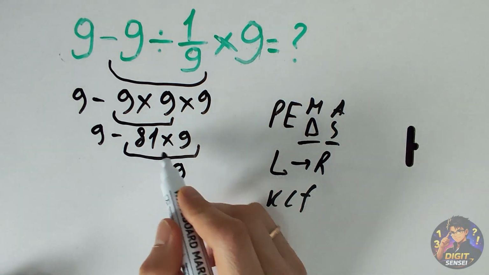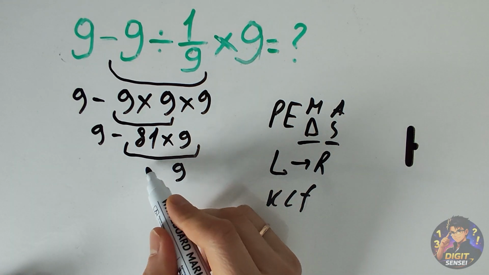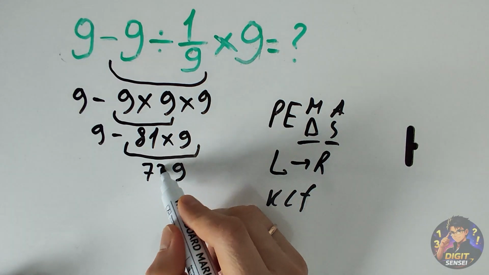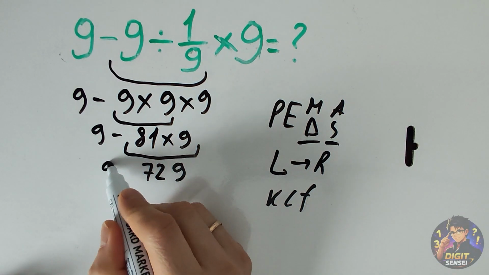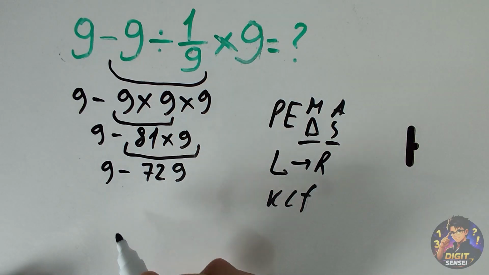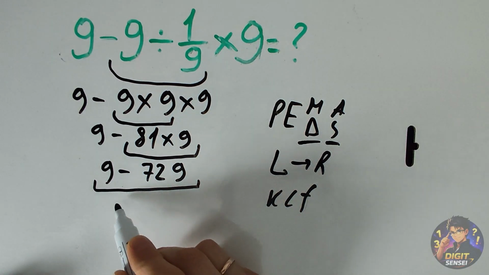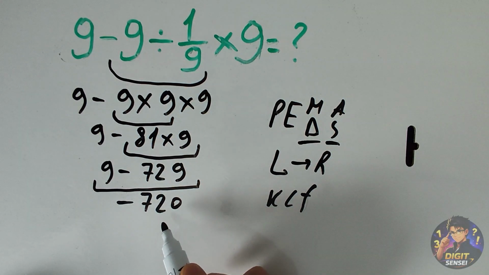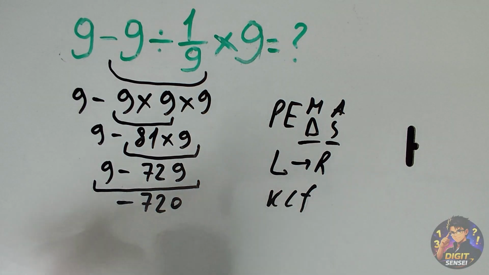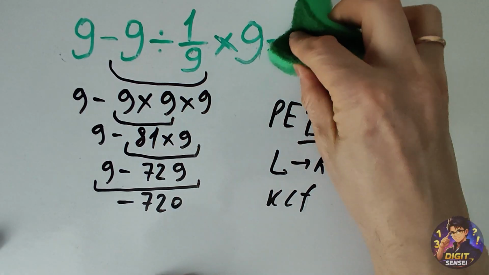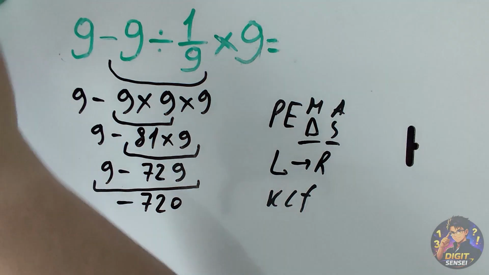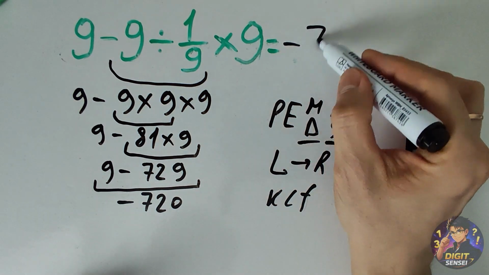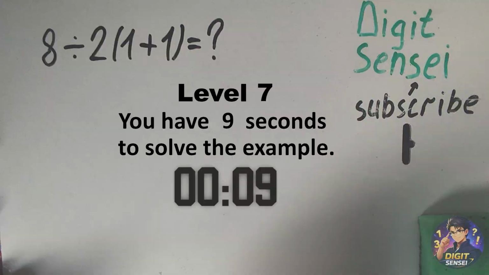And 9 times 8 equals 72. So 9 minus 729. And this is equal to negative 720. And this is our final answer to this problem. The correct answer is negative 720.